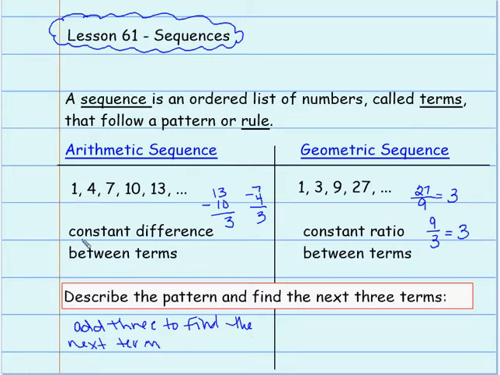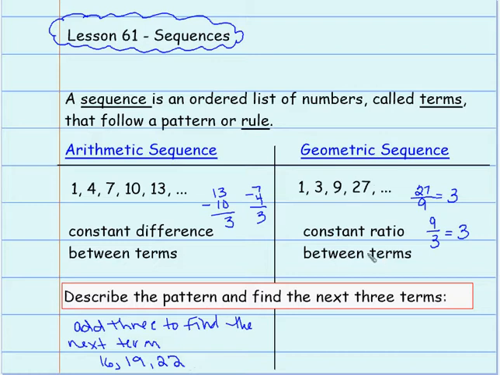Okay, so 1 plus 3 is 4, 4 plus 3 is 7. That's that constant difference that we're going to add to each term. So the next three terms would be 13 plus 3 would be 16, then 19, then 22. 16 plus 3 is 19, 19 plus 3 is 22.